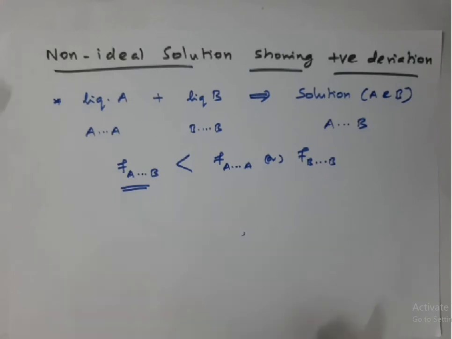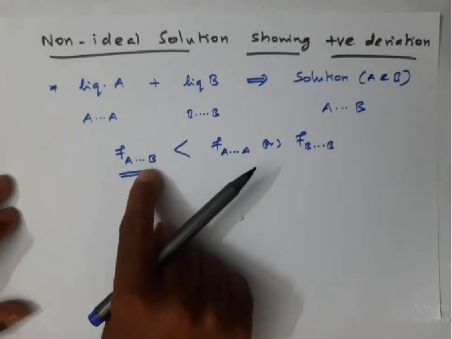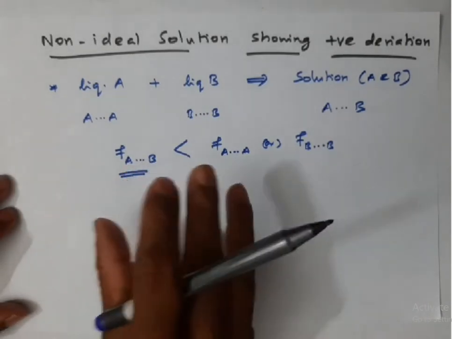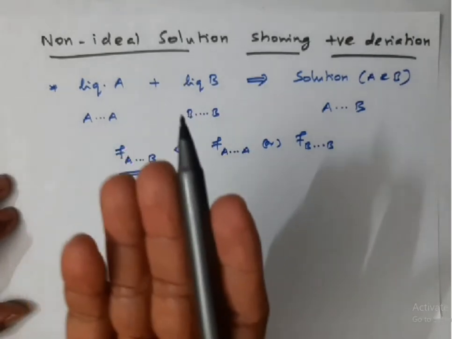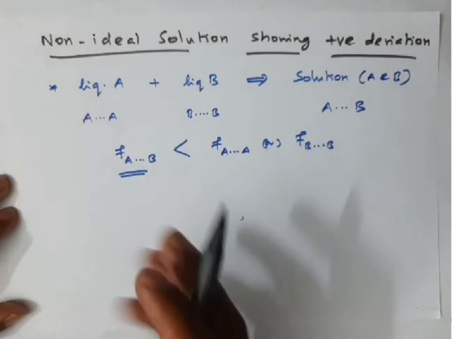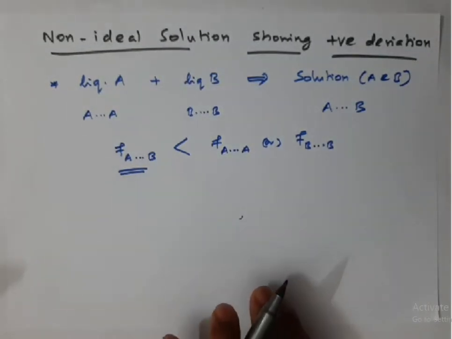I repeat, what I am trying to say here is, if the force of attraction between A and B in the liquid phase is weak, then the molecules will escape from the liquid phase and go to the vapor state. So more molecules will go to the vapor state. Therefore, the experimental or observed vapor pressure will be greater than the calculated vapor pressure.